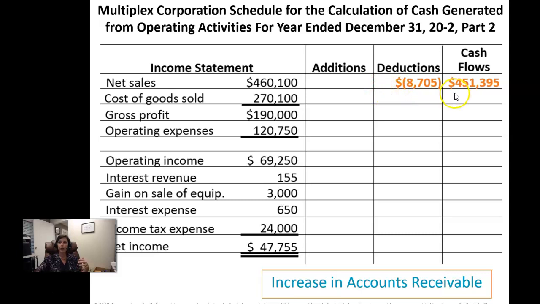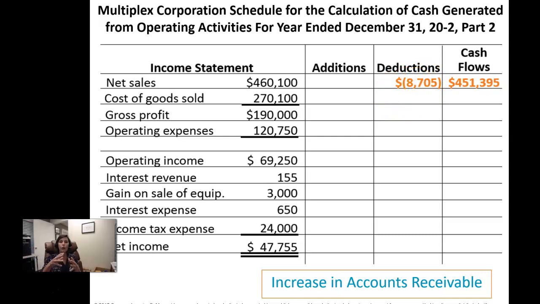And here we have a deduction of $451,395. Now, what is that deduction? That's not a deduction in our accounts receivable. That is a deduction in our cash position as a result of payments made or not made by our customers.